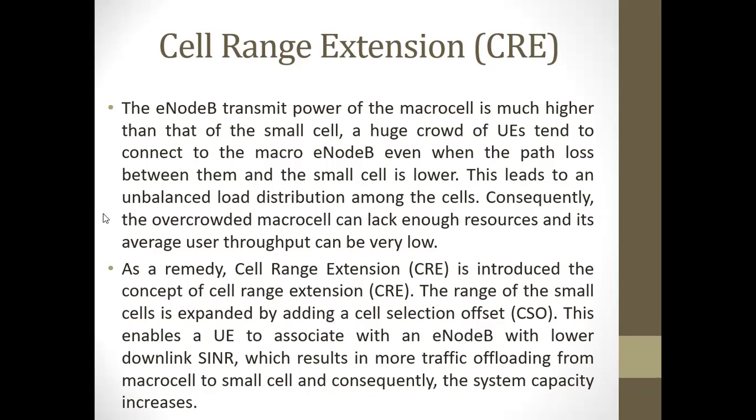But say you have, just consider that you have a large base station with high power and a small cell with low power. And between them, the distance is 1 kilometer. So when you are right at the middle, 0.5 kilometer away from both, then of course the power from the large cell, from the strong base station, is very high.